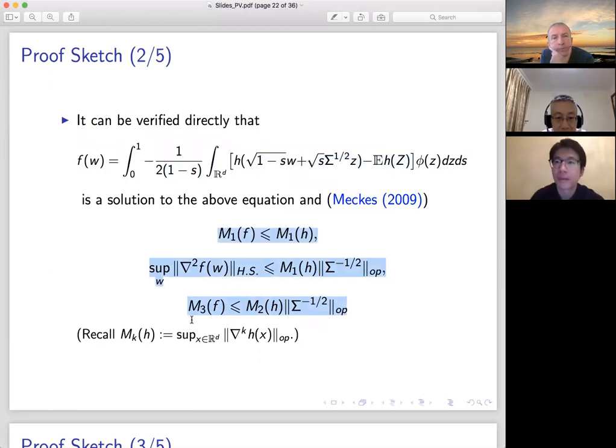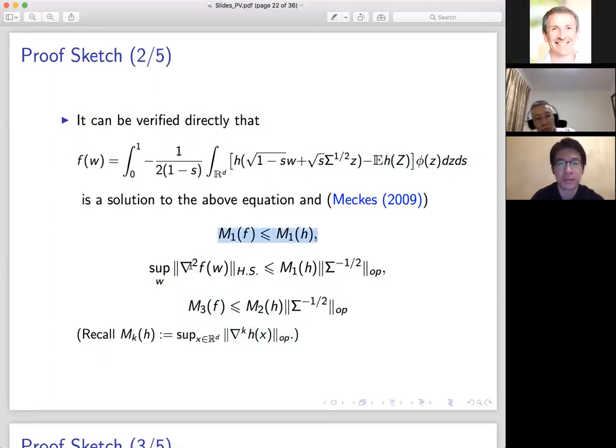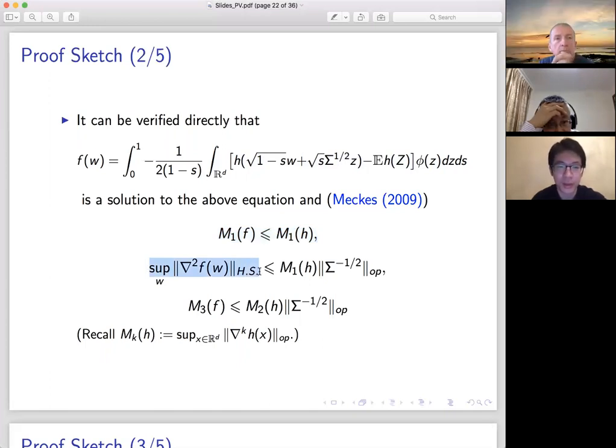So recall, M_k h is the operator norm of the k-th order derivative of the function h over all arguments. We have these relationships between M_k f, the solution, and M_k h, the test function. M_1 f, the first derivative of f, is bounded by the first derivative of h. It's easier if you just imagine it's a one-dimensional problem.